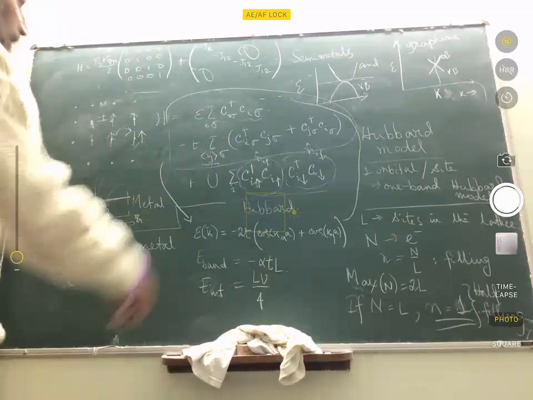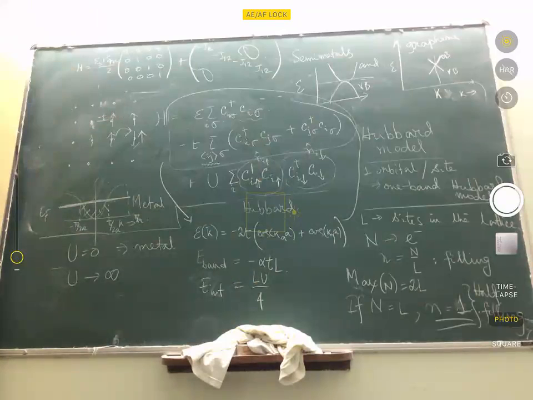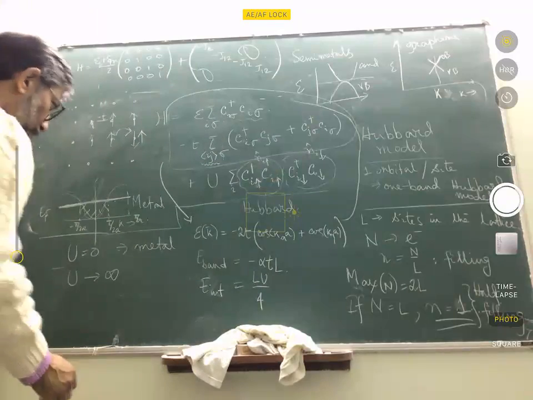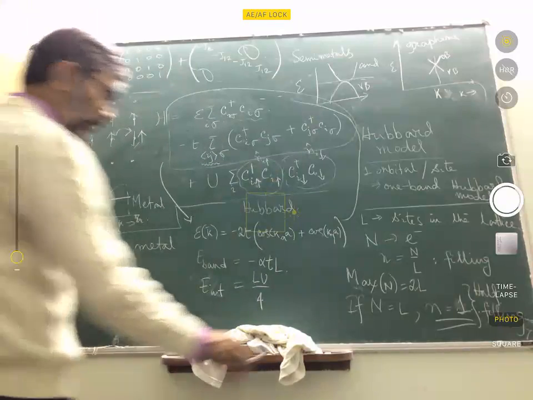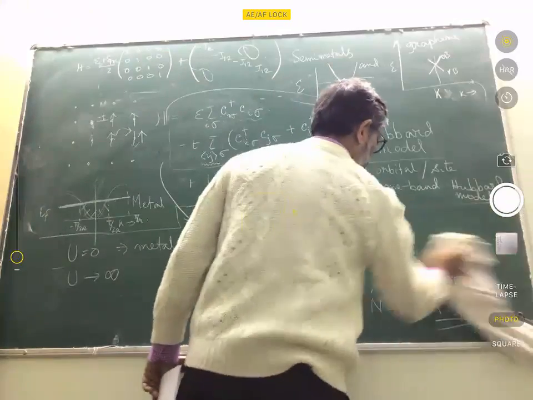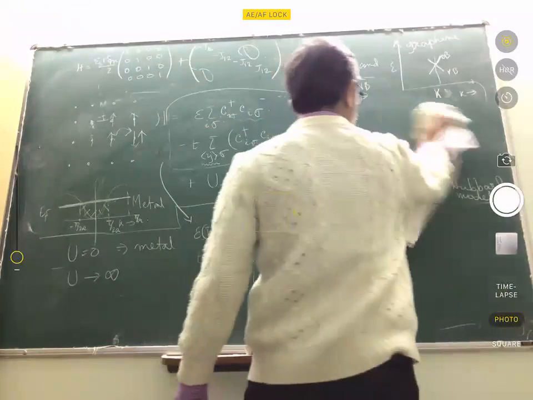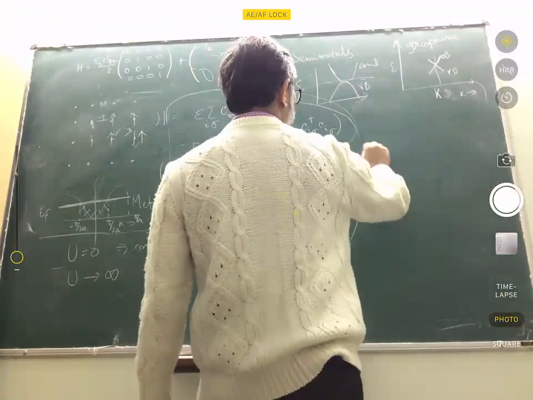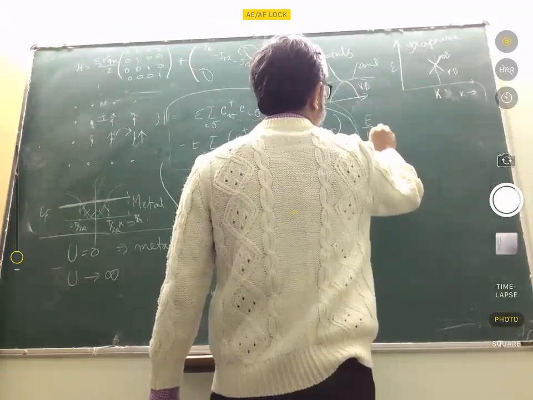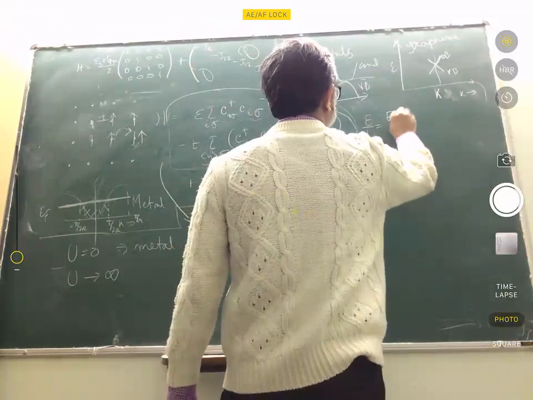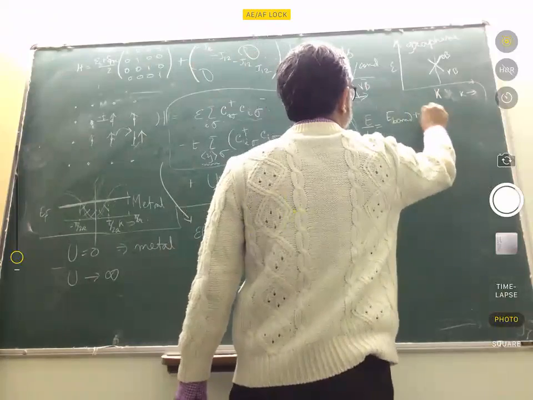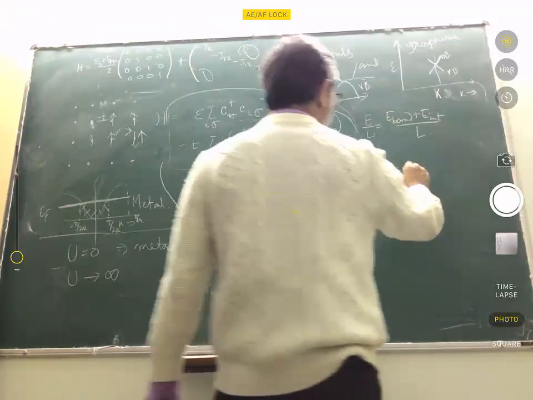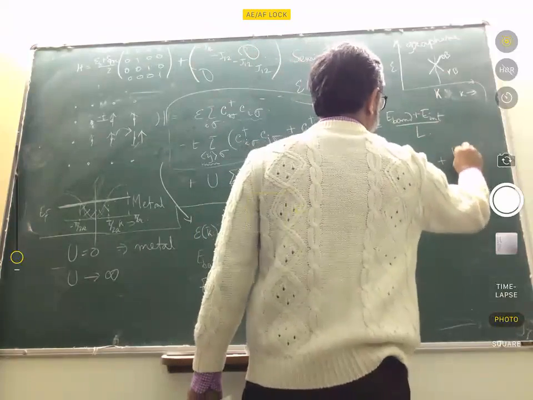One can show that on a lattice which has L sites, the answer would be LU over 4. So the energy per site, which is E band plus E interaction by L, will be minus alpha T plus U by 4.